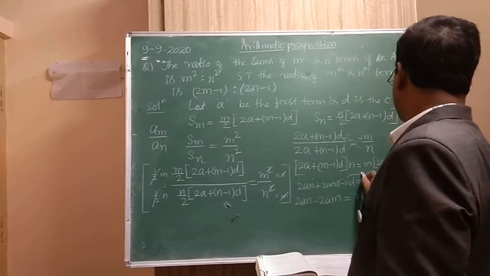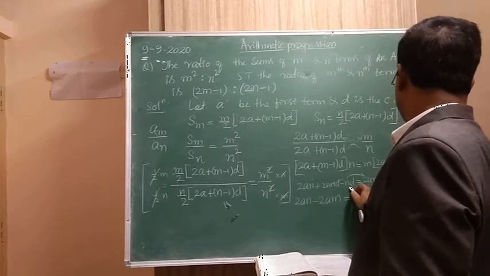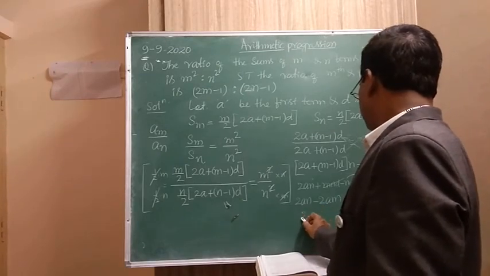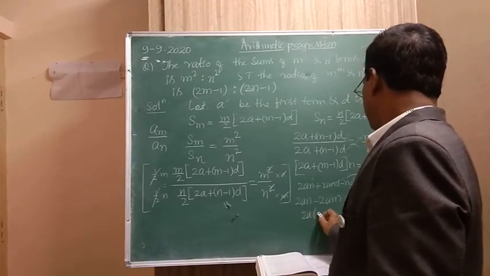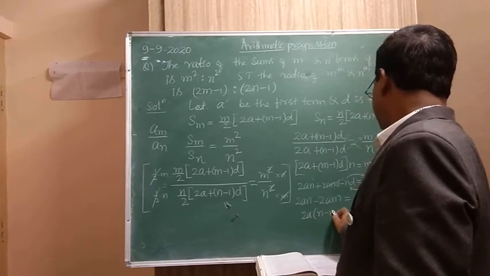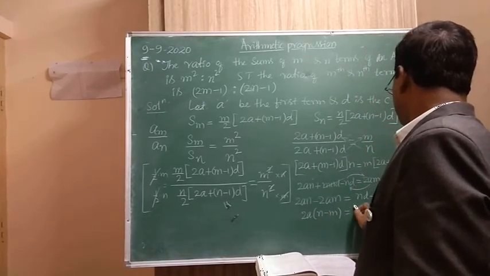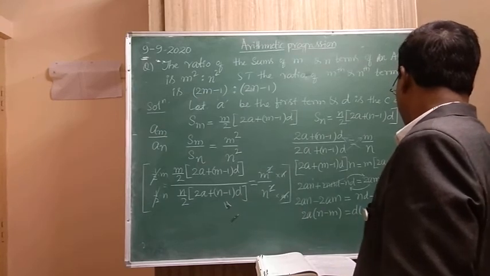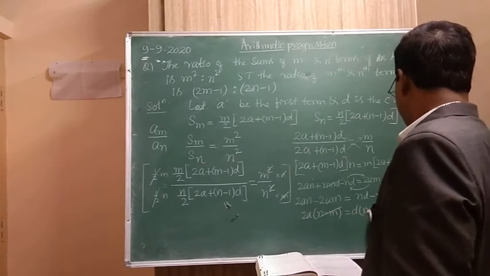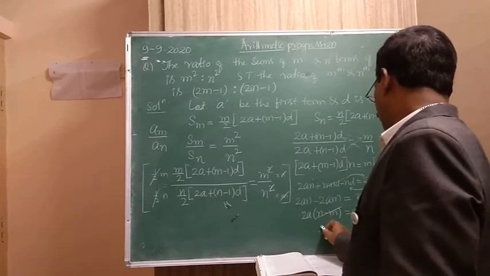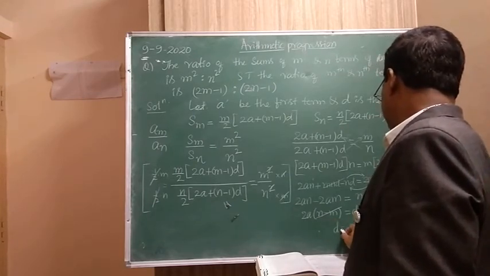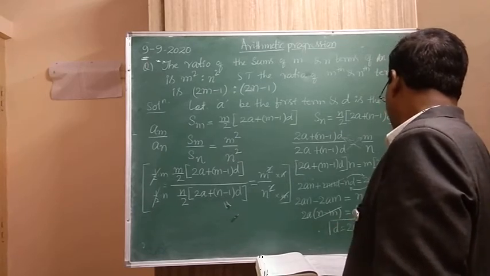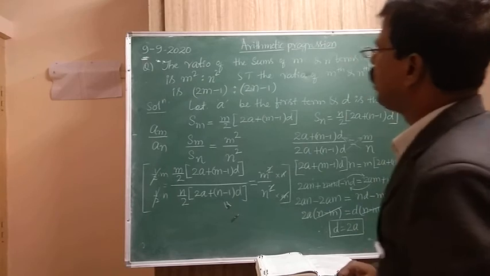Here what is common? 2a is common, left out is n minus m. Here also d is common, left out is n minus m. Look at this, n minus m cancels. Therefore d is equal to 2a. d is equal to 2a.